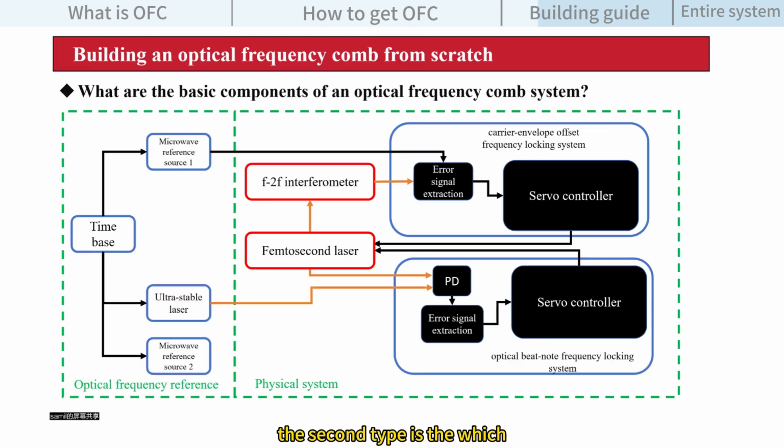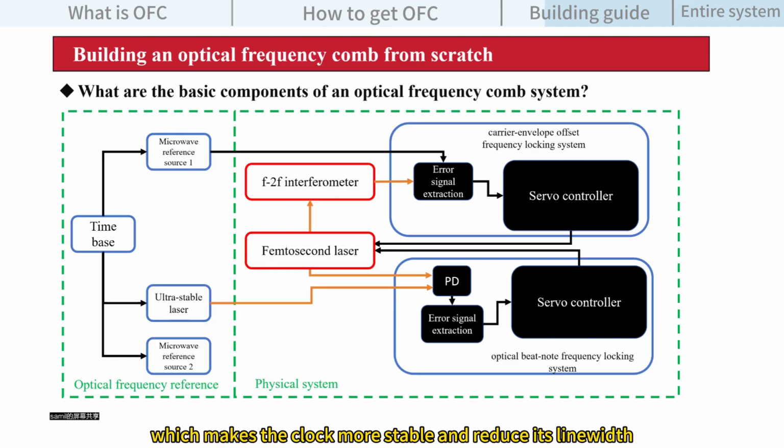The second type is what we call the optical frequency reference fully locked optical frequency comb. There are two ways to do this. One is to lock both features to two ultra-stable lasers, which makes the comb more stable and reduces its linewidth.